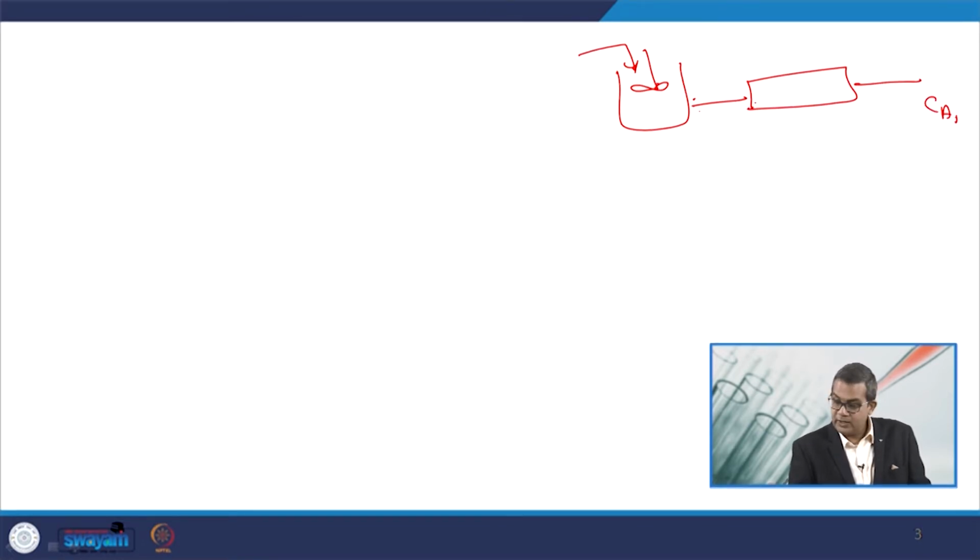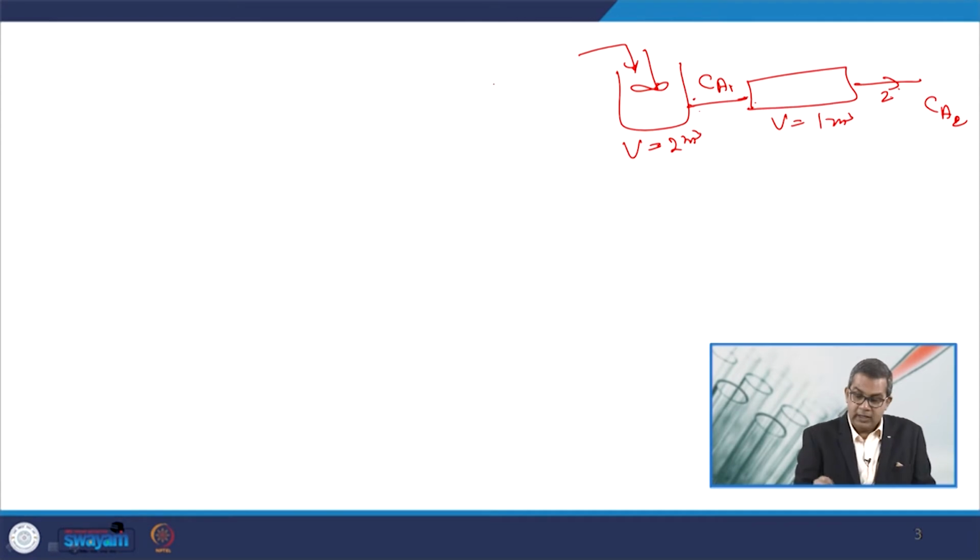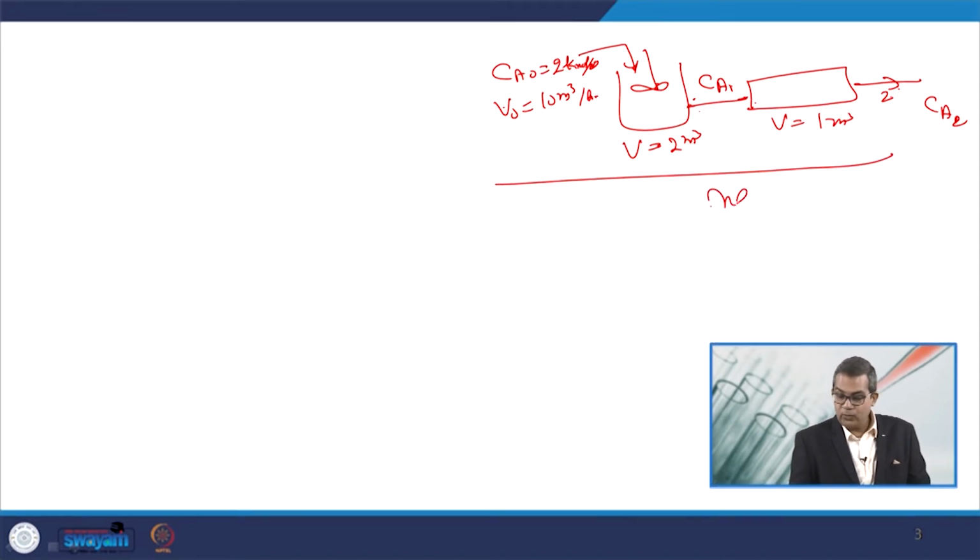This is Ca2, the second point, and the volume is given as 1 meter cube, and here the volume is given as 2 meter cube. This is Ca1, and these have the initial conditions which are given in the problem. The volumetric flow rate V naught is 10 meter cube per hour. This is my new scheme.